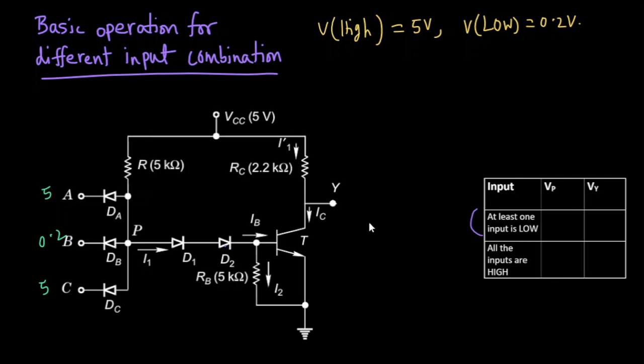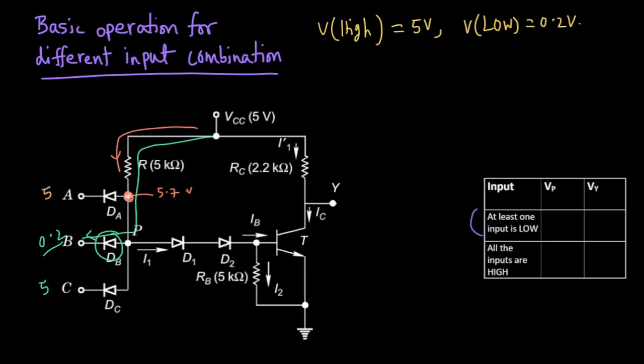As node B is low, that is the connected voltage is 0.2, the diode DB can be turned on and there can be a current from VCC through node P through diode DB to node B. The diode DA and the diode DC cannot turn on, because if the diode DA was turned on, the node voltage of this node would be 0.7 volt higher than the node voltage of node A, that is 5.7 volt, and there is no way a current can pass from 5 volt to 5.7 volt in the positive direction.